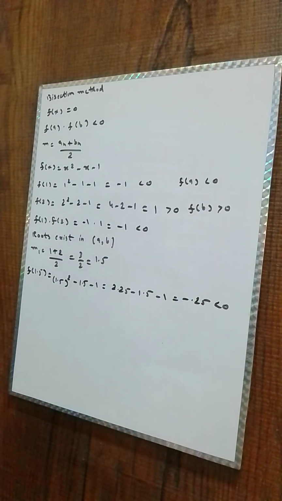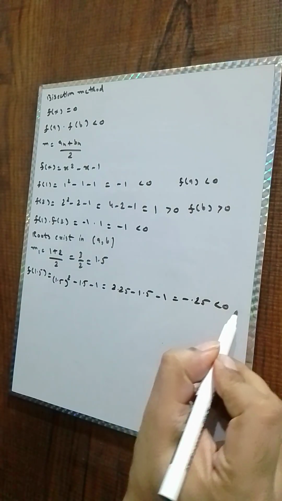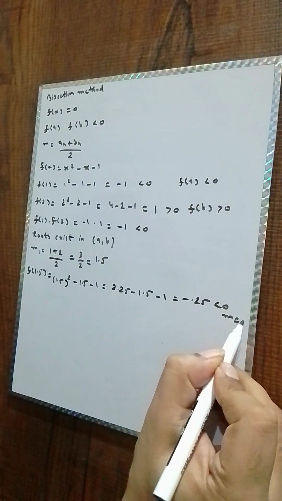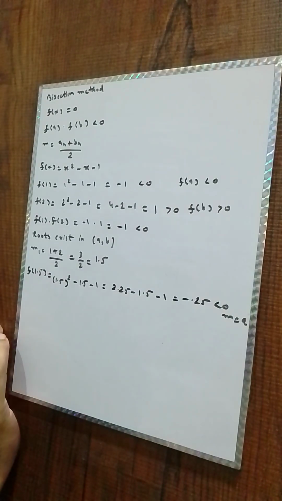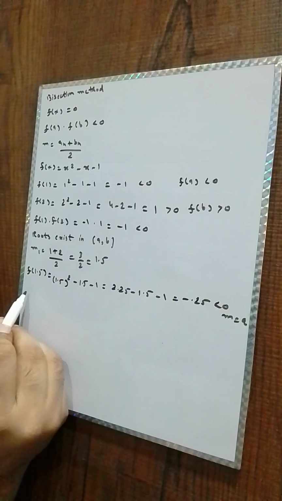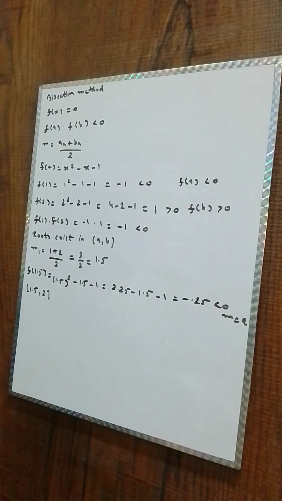This is less than 0. Okay, you see, if it is less than 0, we put m is equal to a. Therefore m is equal to a, and that means that now the interval is 1.5 and 2.